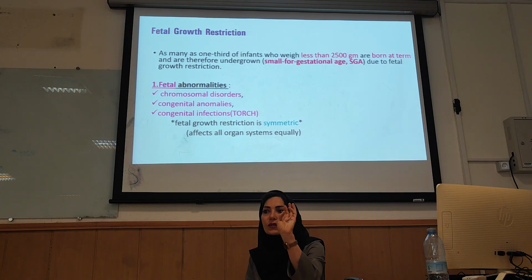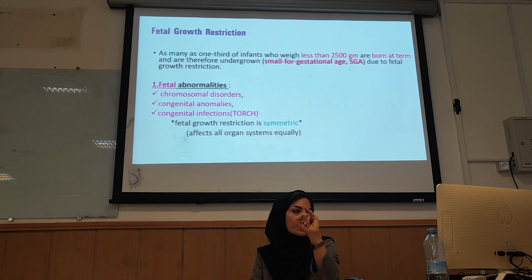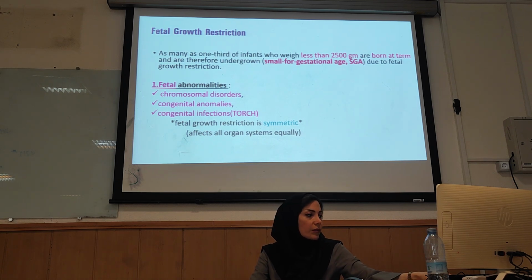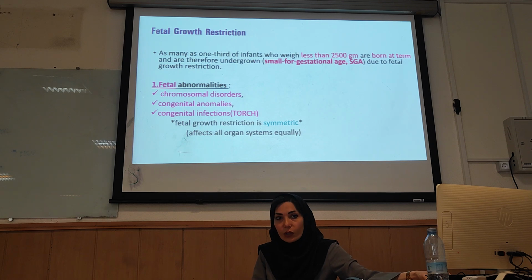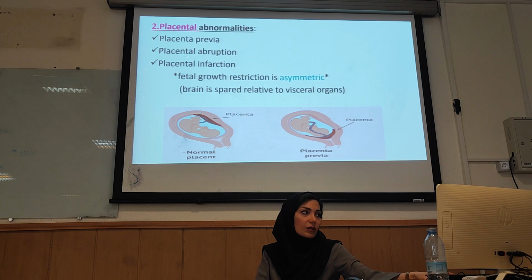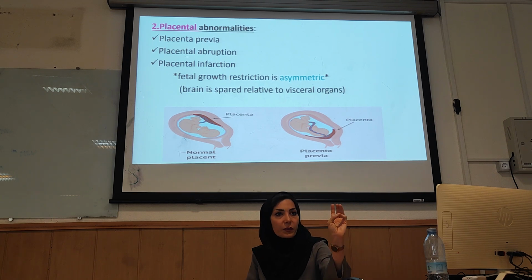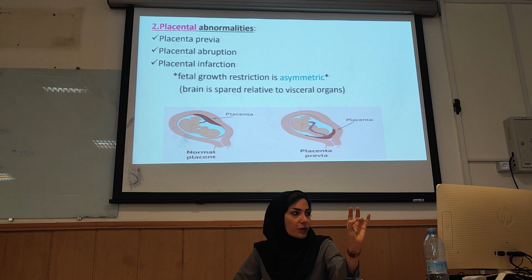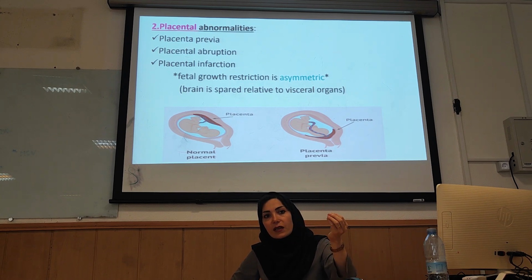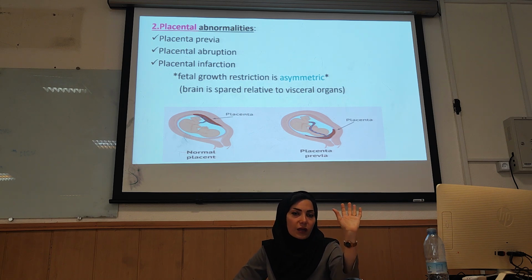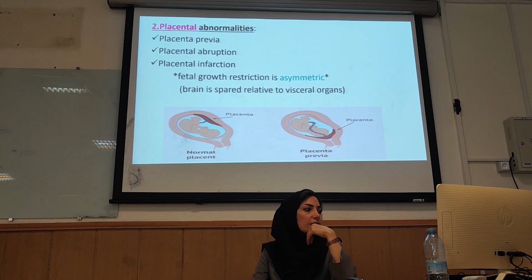Fetal abnormalities such as chromosomal malformations, TORCH infections, or congenital anomalies can contribute to fetal growth restriction that is symmetric, and all organs of the fetus may be affected. But in placental abnormalities such as placenta previa, placental abruption, placental infarction, fetal growth restriction is asymmetric and not all organs are affected symmetrically.